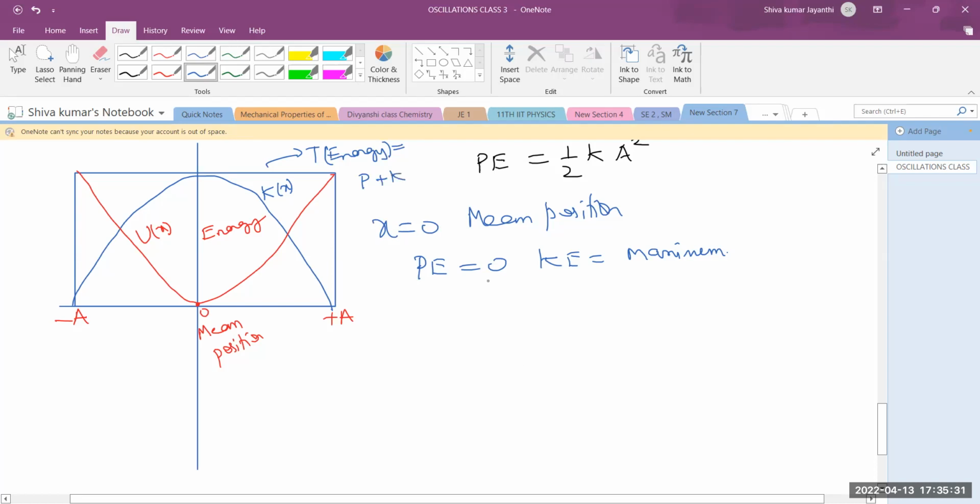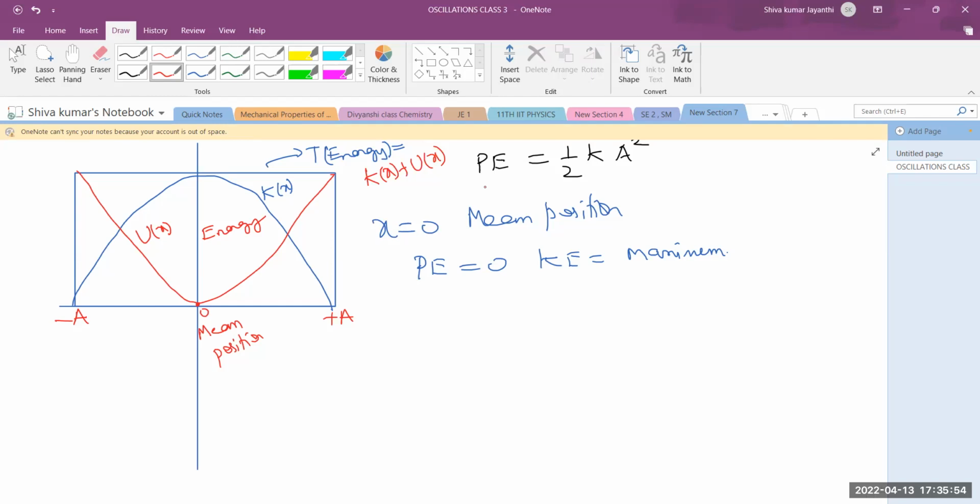Generally, P and K we don't write, that is just for your understanding and writing. In actual physics, we write K of x plus U of x. That is the correct way of representation.